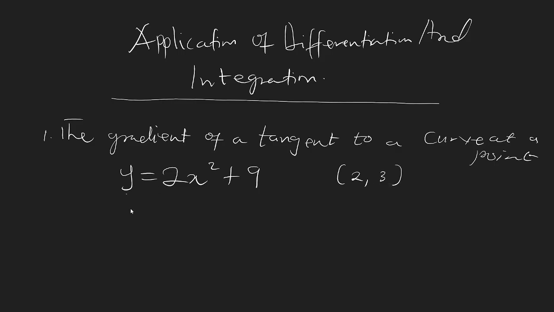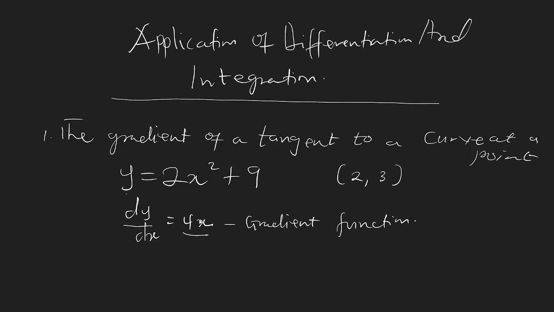So we differentiate with respect to x. Using the power rule, we get 4x plus 0, which is still 4x. Now this becomes the gradient function.